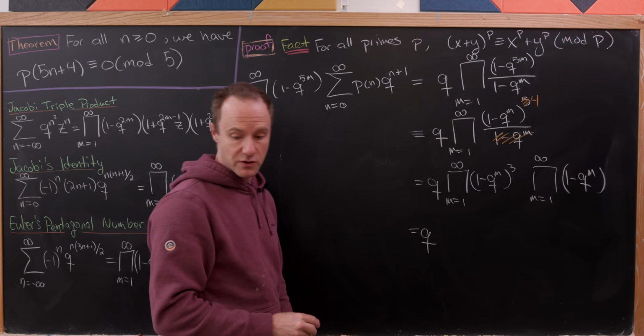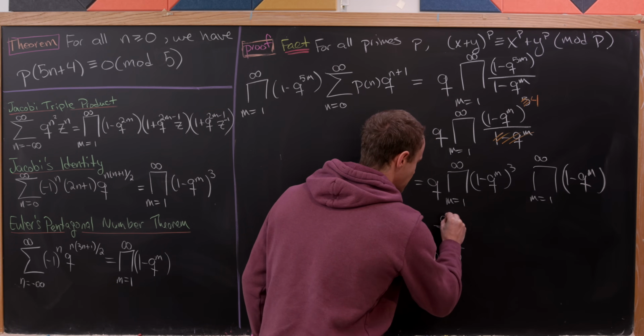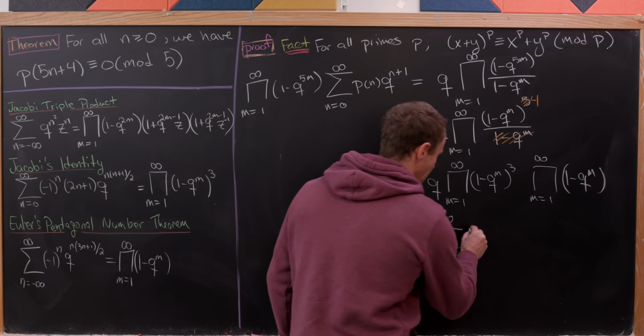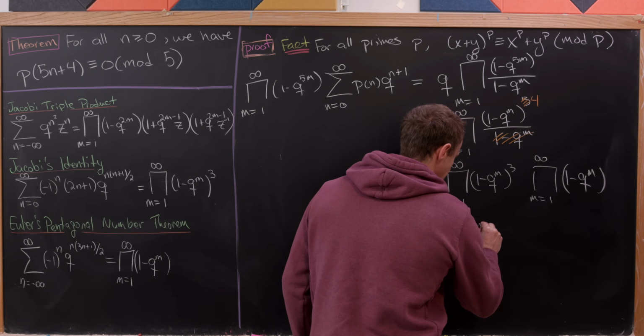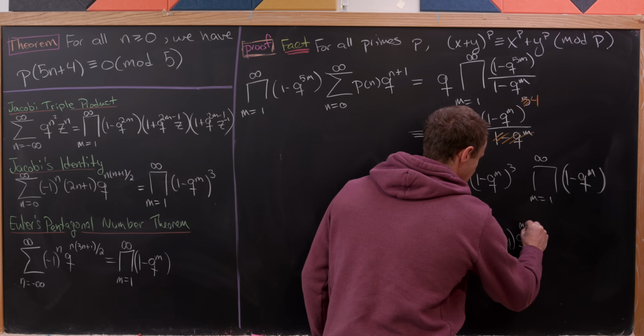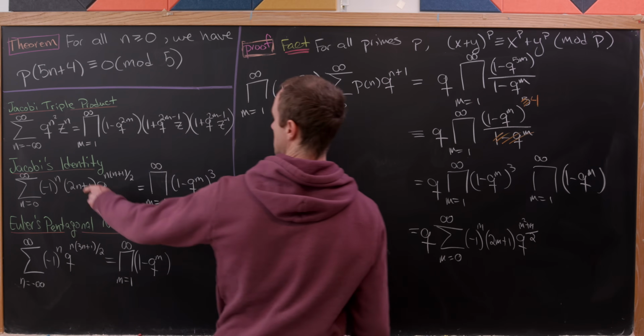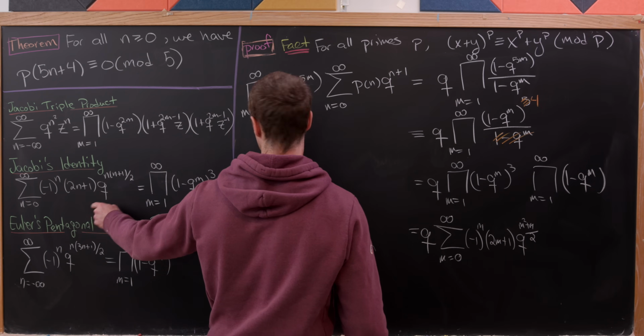So I'll have q, and then I'll have the sum as m goes from 0 up to infinity of minus 1 to the m times 2m plus 1 times q to the m squared plus m over 2. So that's from Jacobi's identity right here.